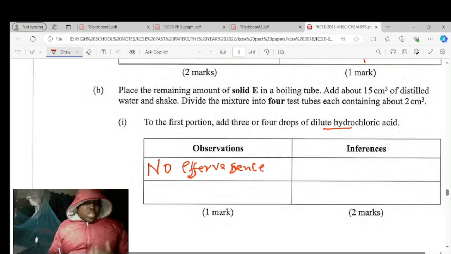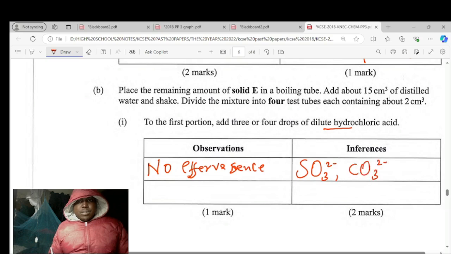So you check whether effervescence occurs. If effervescence is not occurring, it means either the carbonate is not there, the sulfite is not there. This one is absent.